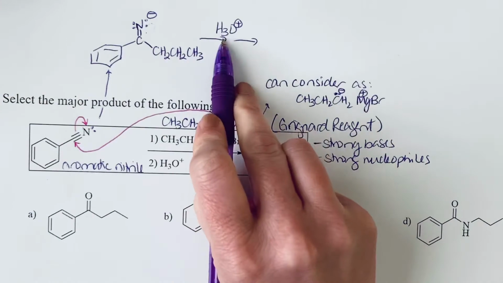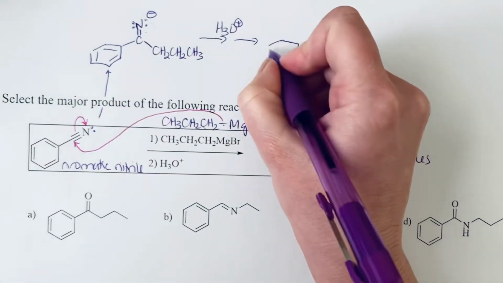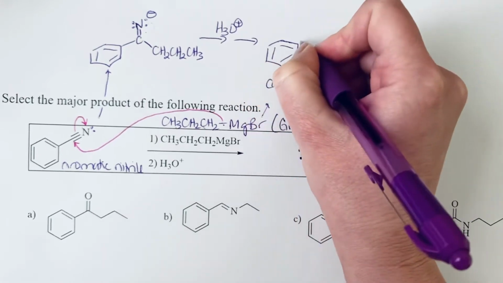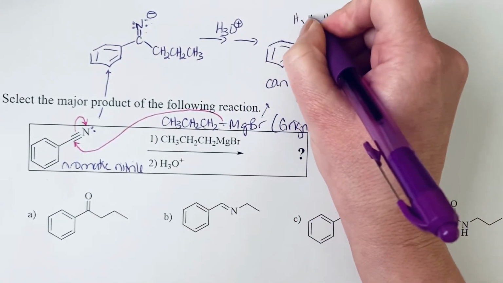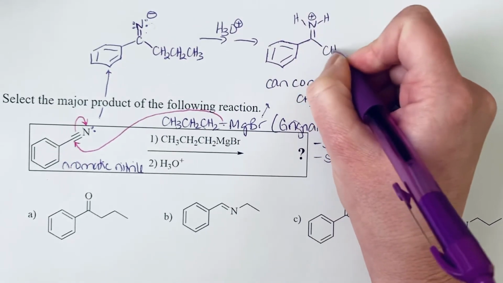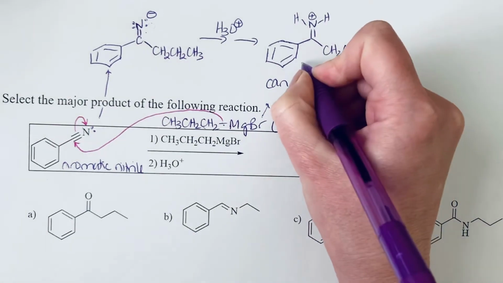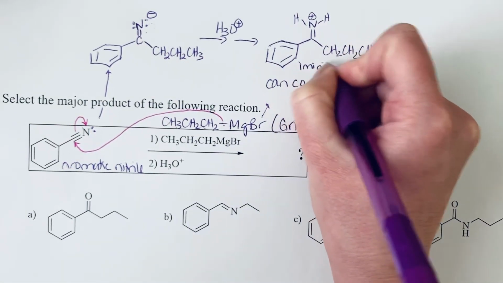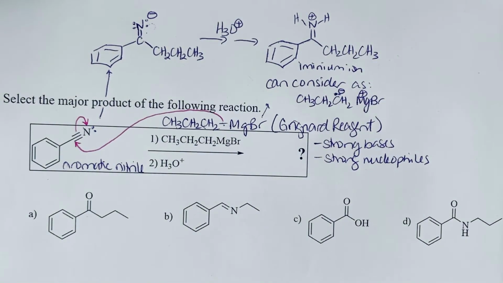And in this aqueous acid, we are going to protonate completely that nitrogen. And so what we see at this point is that we have an iminium ion, or another way of thinking of that is a protonated imine.